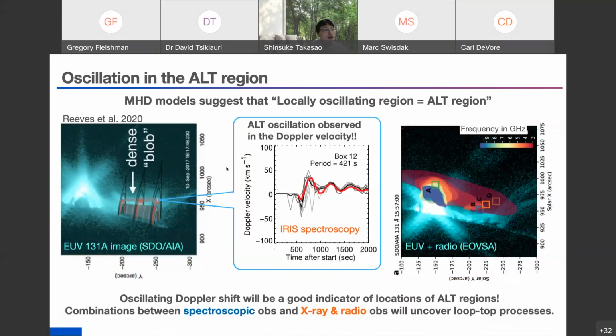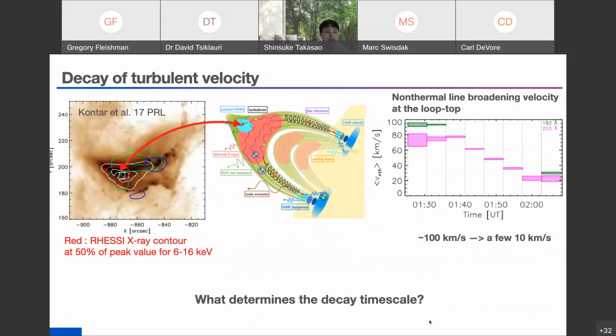And the MHD models suggest that the locally oscillating regions would be the ALT region. So the oscillating Doppler shift will be a good indicator of locations of ALT regions. So I'd like to suggest that the combination of spectroscopic observations and X-ray and radio observations will uncover rooftop processes.